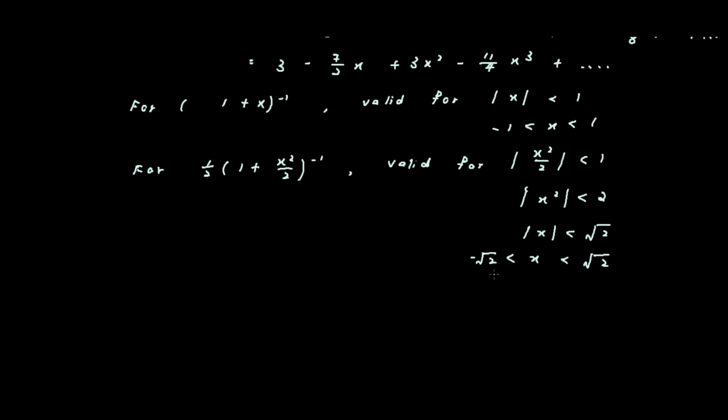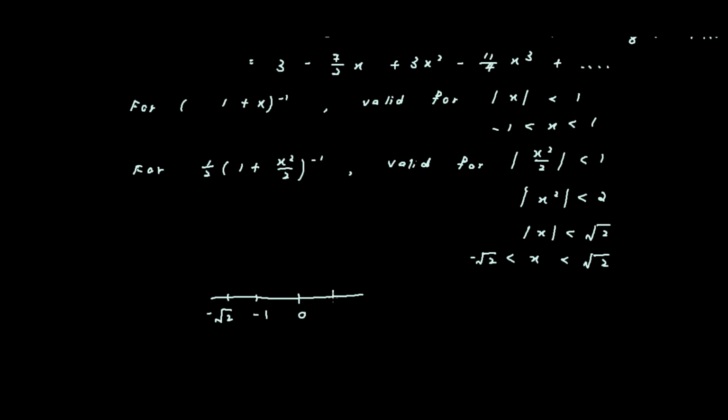Okay, so now same thing, let's try to draw the number line. So we have the, like this, and then square root 2 and 1, which one is smaller? So square root 2 is roughly 1.414, something like that, so negative square root 2 should be lesser than negative 1.